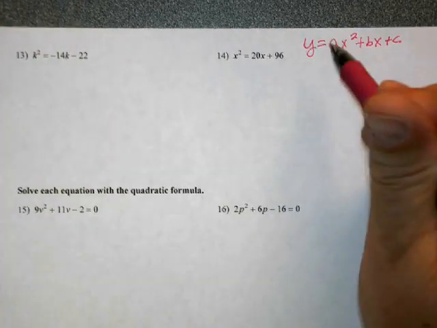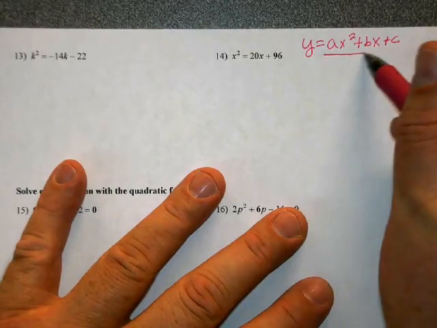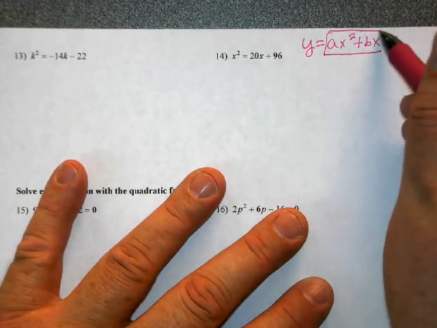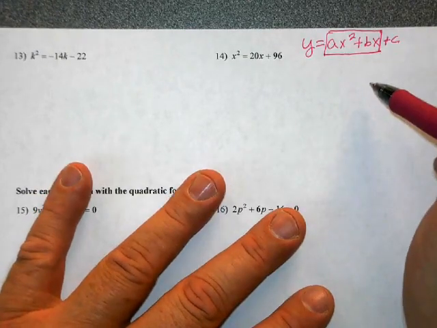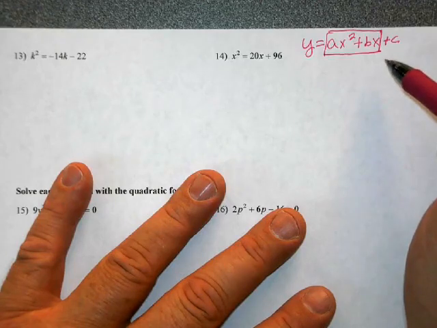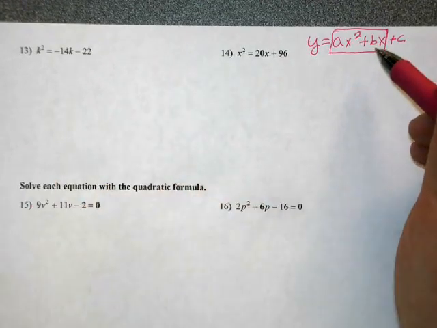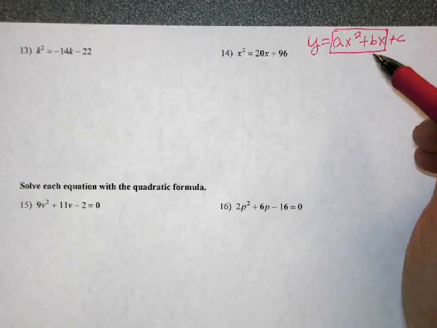What you have to do is get the first two terms by itself, and then add back a perfect square to make it a perfect square trinomial, so that when you factor it, you get a perfect square binomial. This is hard. It's not easy.